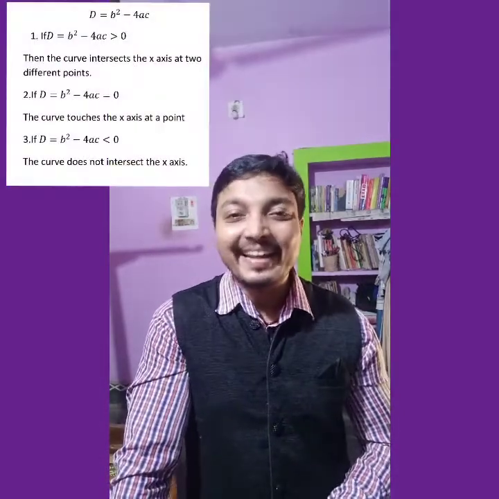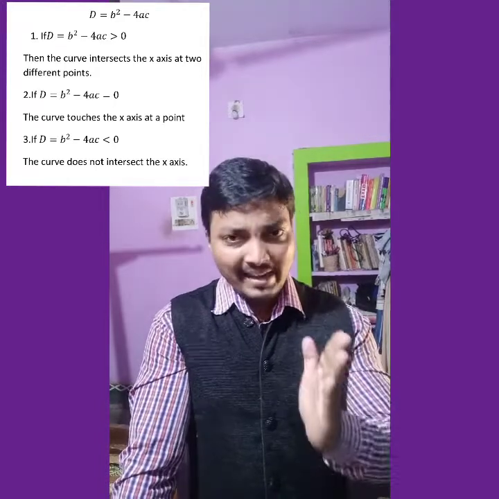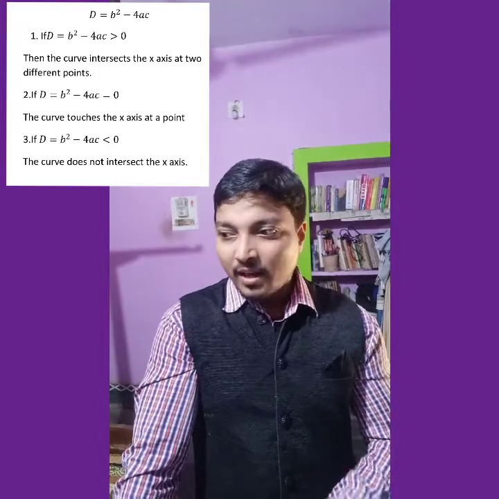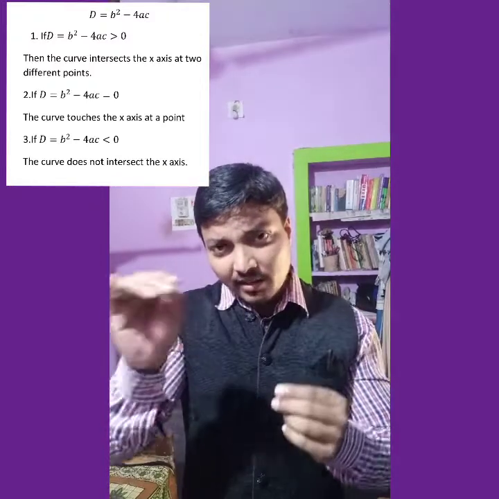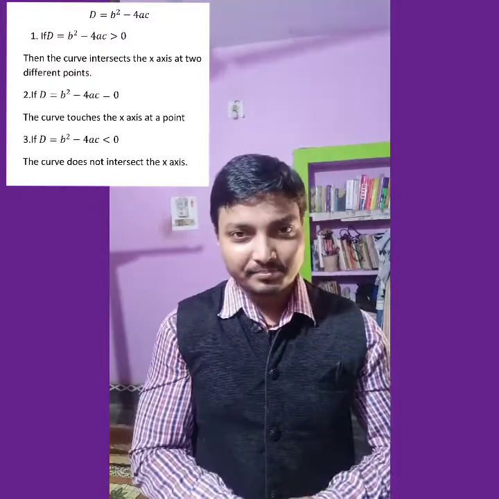Otherwise, there is another formula. Remember one value, called the discriminant D. By checking the discriminant D, you can say whether the graph intersects the x-axis at two points, one point, or does not intersect.